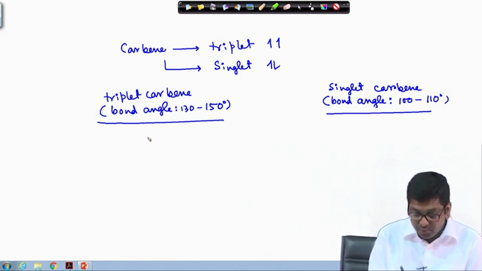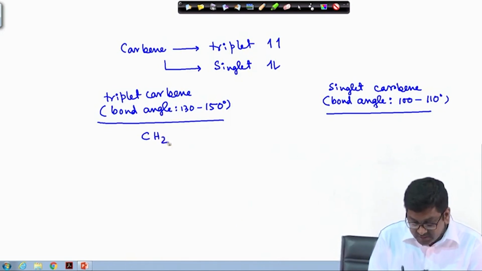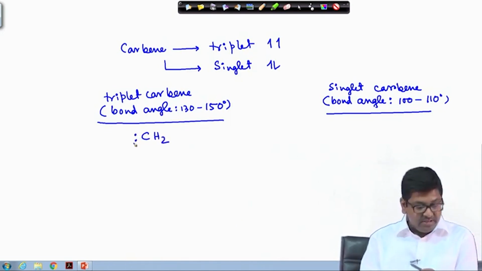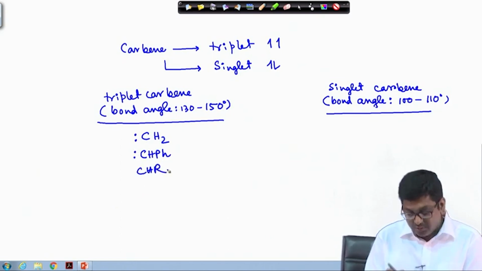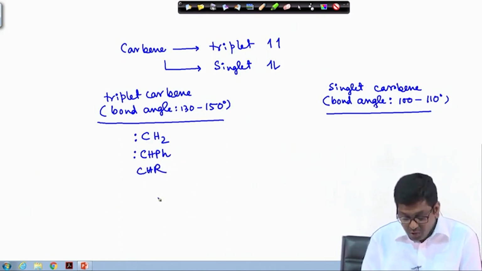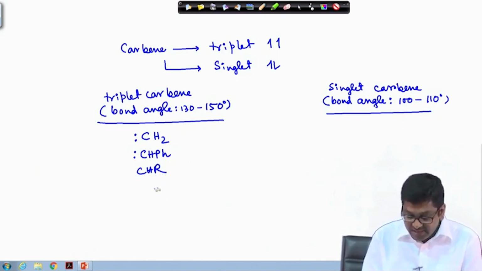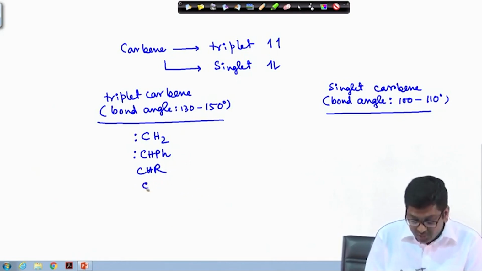However, here we will now see the examples. In general, the triplet carbenes are CH2 carbenes, then CHPh or CHR, where R are alkyl groups, or diphenyl carbenes.